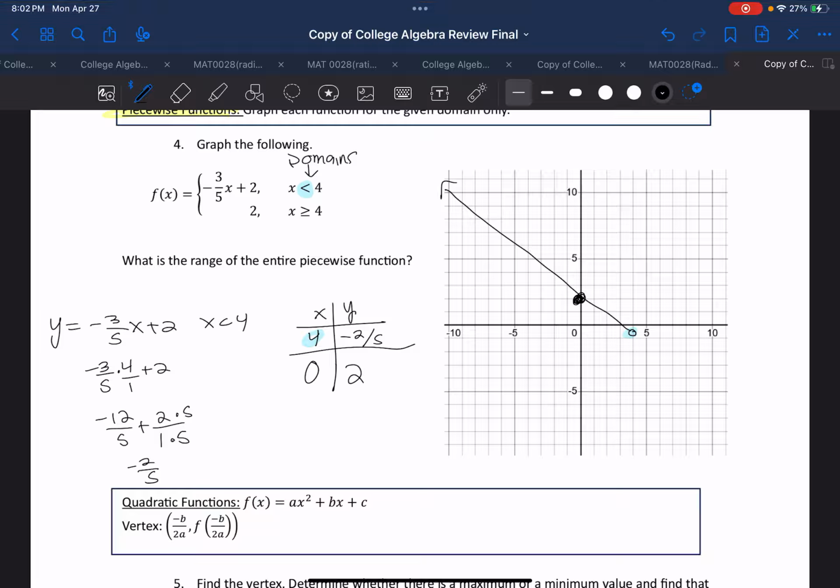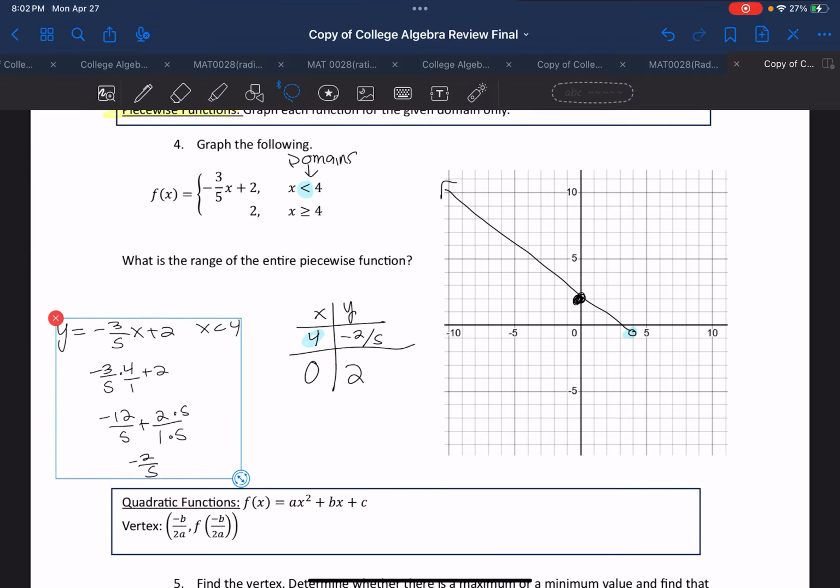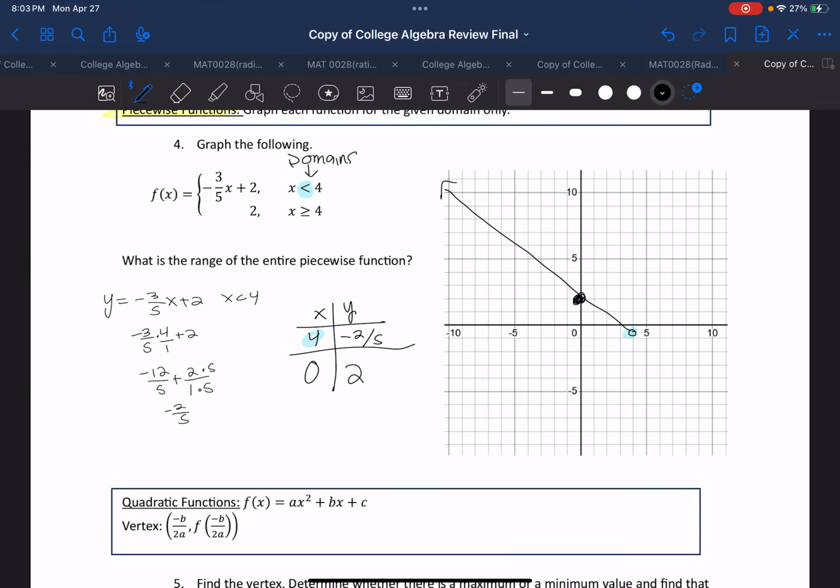Line 2 is y equals 2 for all values greater than or equal to 4 for x. So y equals 2 is a horizontal line. So at x is 4, y would be 2 because it's always 2.